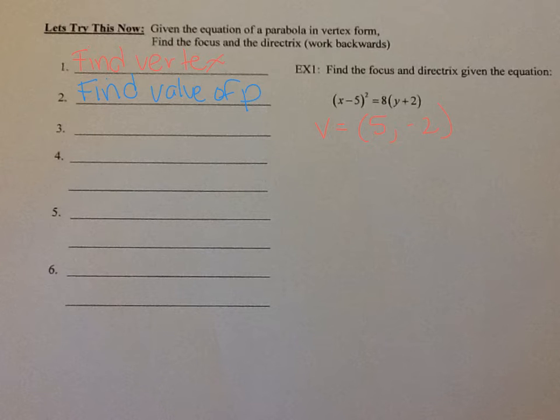So remember, this here, this 8, that is 4p, that value. So we actually have 4p = 8. Therefore, p is equal to 2 when I divide both sides by 4. All right, the next thing we're going to do, step 3, is to draw a picture.